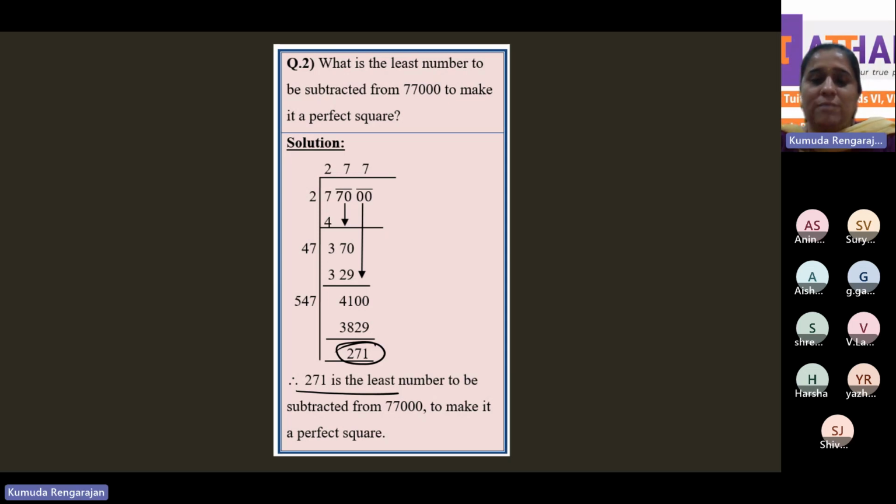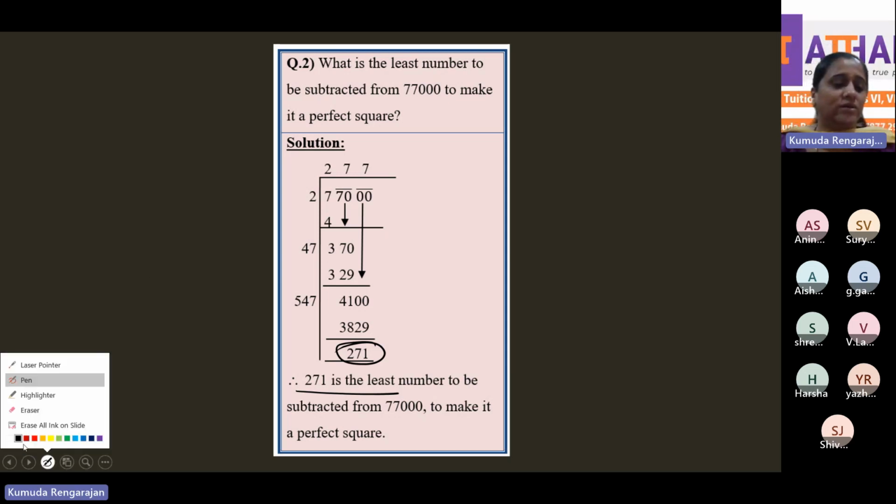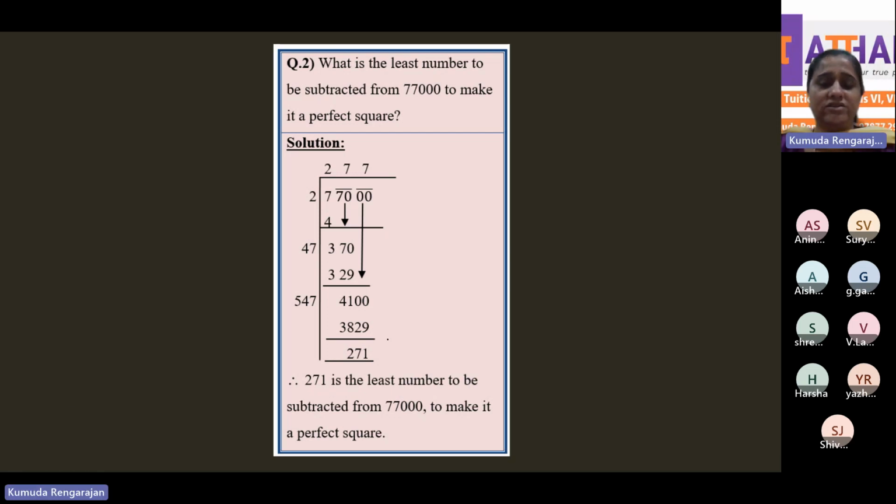Okay, I want all of you to complete this and try this one by yourself. Work this one. Also try a different number instead of this number.